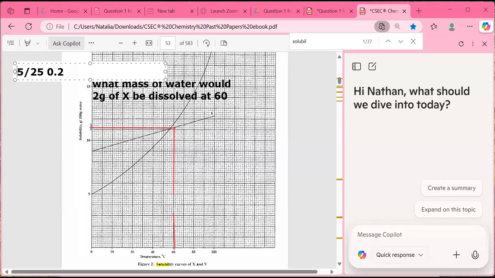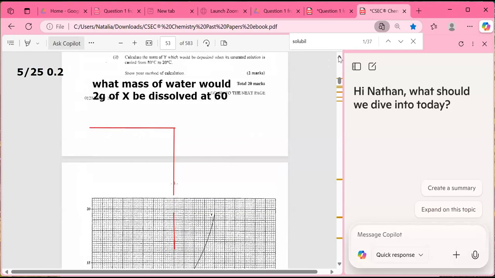Is everyone clear how we get the 11.2? Yes, miss. Good, so 11.2.